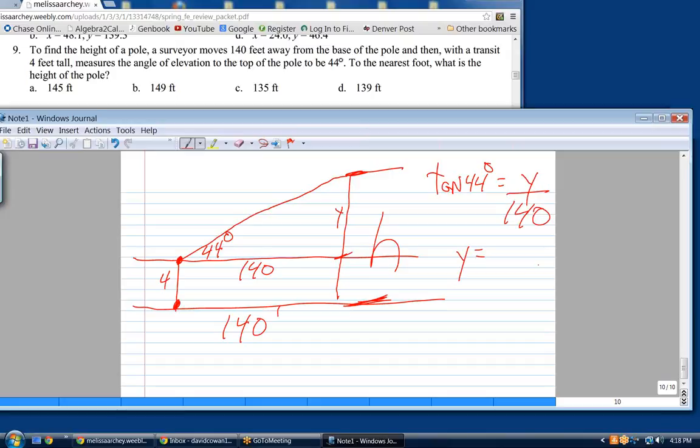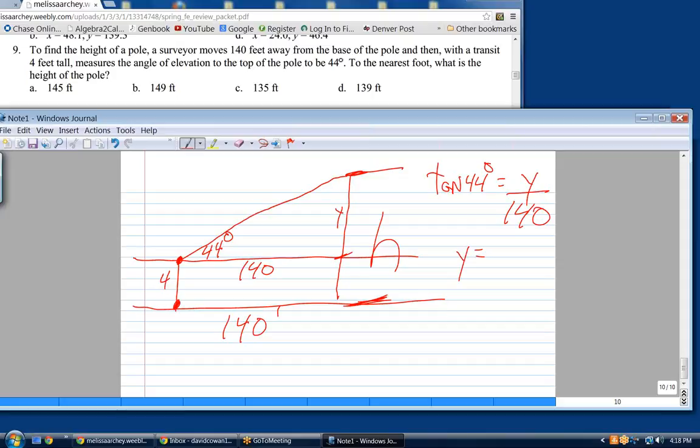Have to do that on my calculator then. How would you enter that in? Would it be tan 140, then equals? No, it's the tan of 44 degrees times 140.